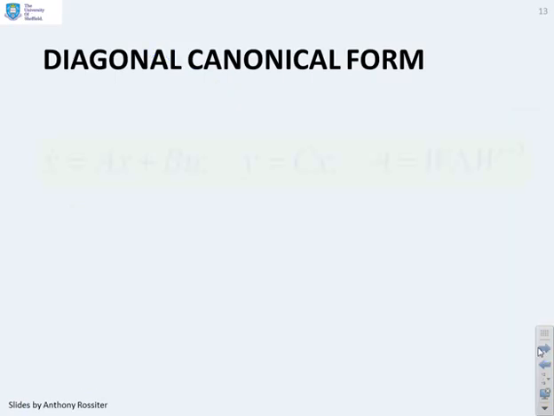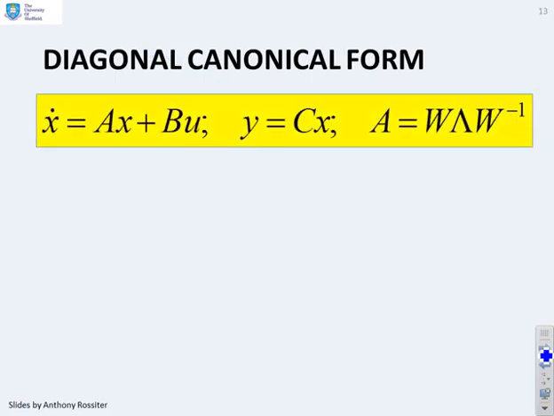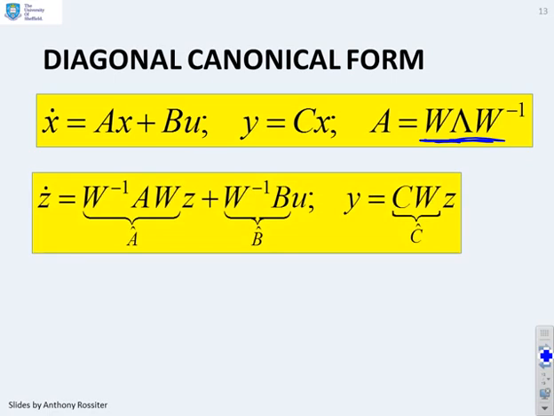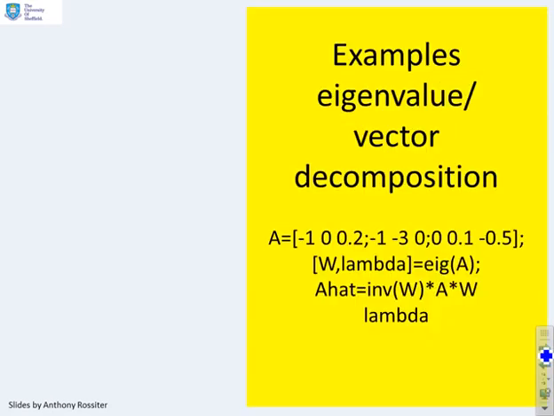What about diagonal canonical forms? So the diagonal canonical form came from using the eigenvectors as your transformation matrix. So that's what we did. We basically wrote A hat as W inverse A W, B hat as W inverse B, C hat as C W. So here I'm going to do it. There's my A matrix.